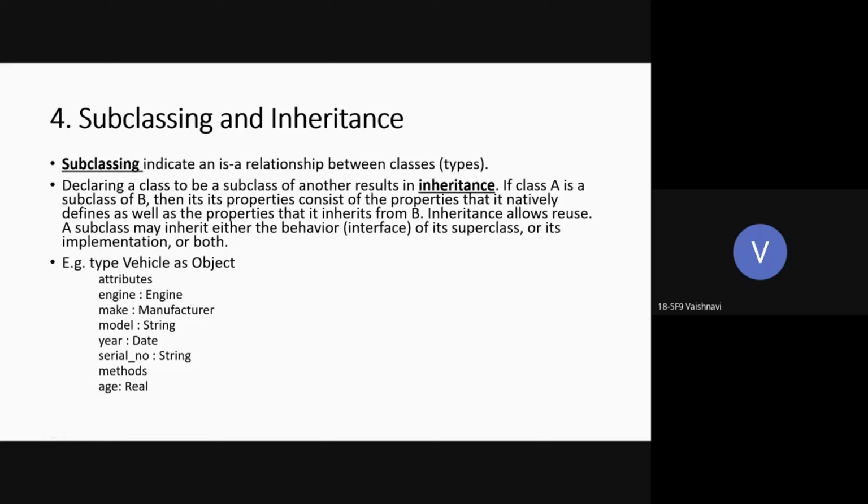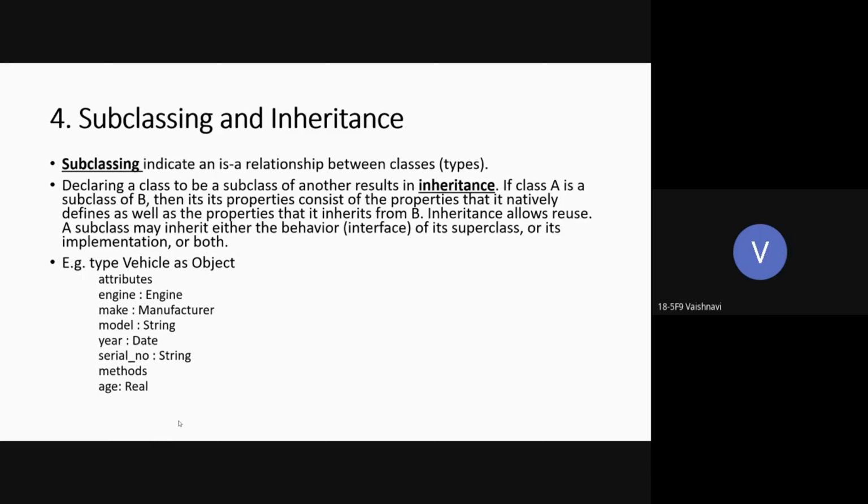Here, type vehicle as object. Type vehicle is the type, so vehicle is an object. We can say that vehicle defines the properties of all these: car, truck, bike, everything, like engine, make.